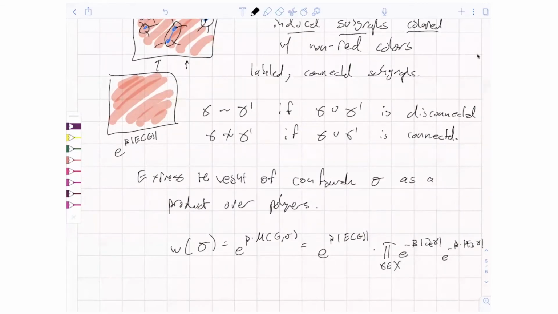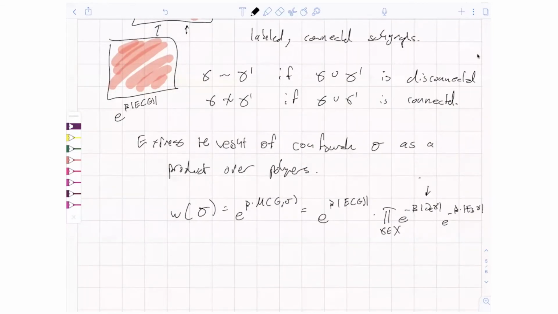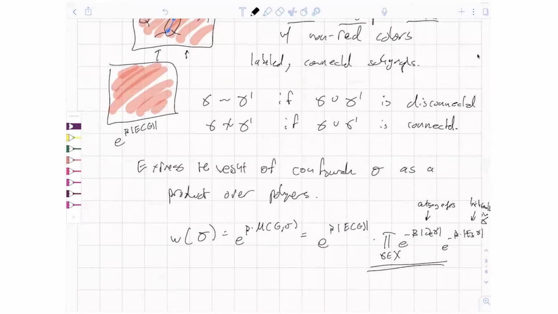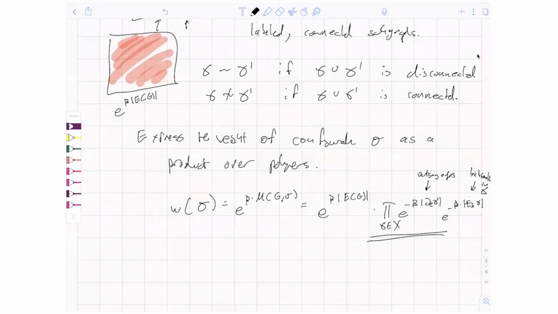So this is the number of outgoing edges, and this is the number of bichromatic edges in the polymer. Hopefully you'll agree with me that we've accounted for all the bichromatic edges in this configuration. And the great thing is it factorizes. Up to this scaling factor, which we can remove, the weights factorize.